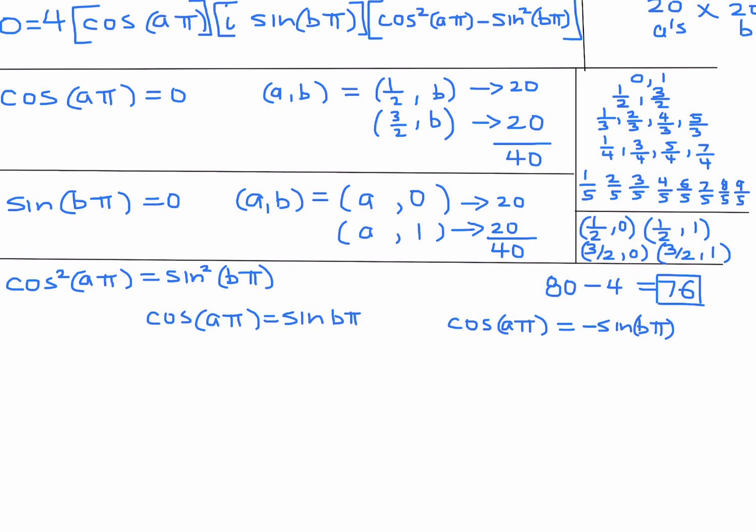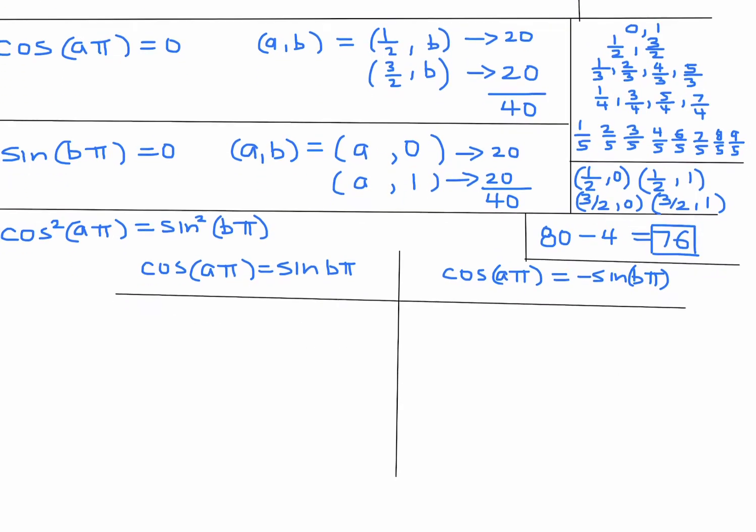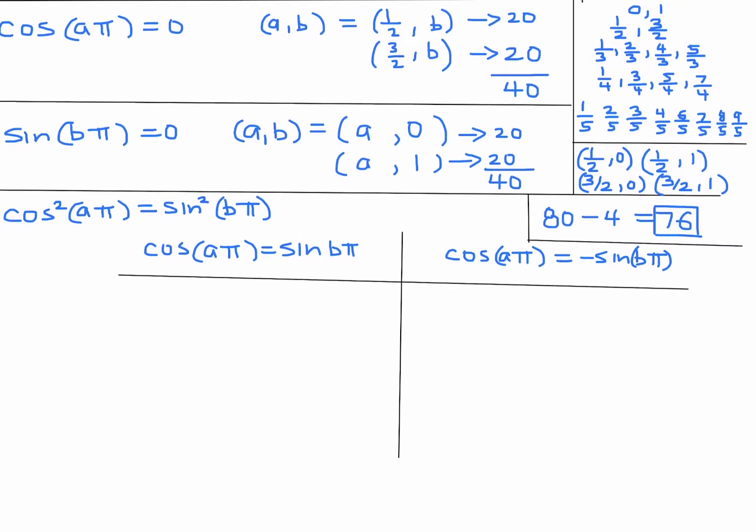And for each of these, we've got to figure out what are the possible pairings for a and b. So here we go. Well, I'll just list them. You can kind of work through these yourself. I don't think you need to hear me talk you through it because that would be very painful.